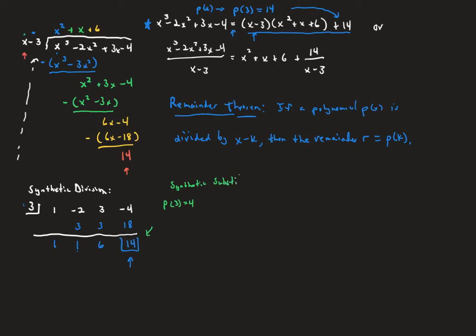But it's better than that. There's more. If you notice, these numbers in here are exactly the same as our coefficients in the long division that we did way up here in the beginning.